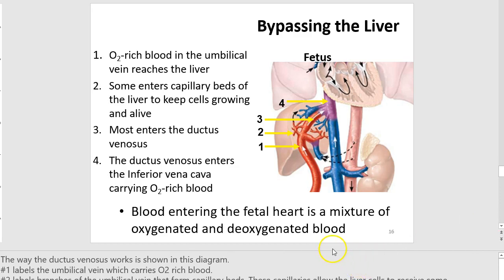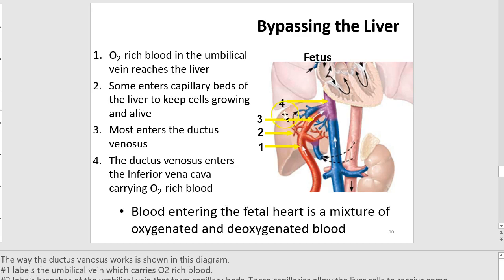Okay, let's first look at how blood bypasses the liver. We're just going to trace the pathway. Oxygen-rich blood has come through the umbilical vein from the placenta. Before it enters the inferior vena cava, it will actually go through the liver, and some capillaries will branch off of this umbilical vein.